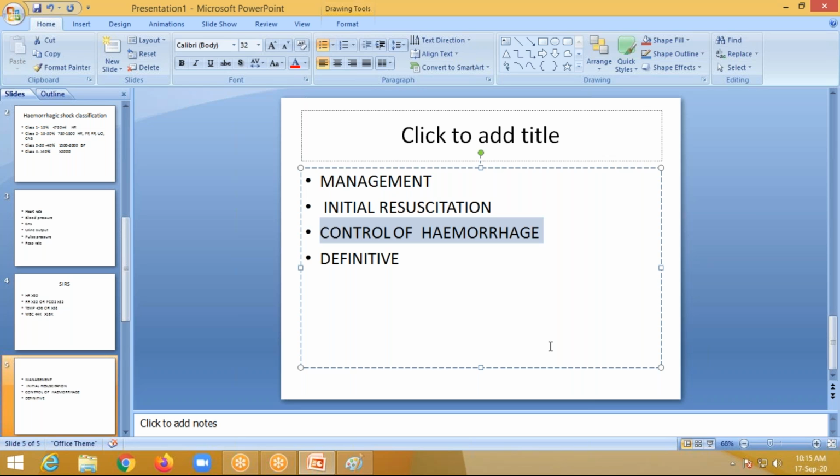So, what about other shocks' elaboration? Cardiogenic shock, septic shock, endocrine shock, neurogenic shock. Septic shock was completed in pathology.